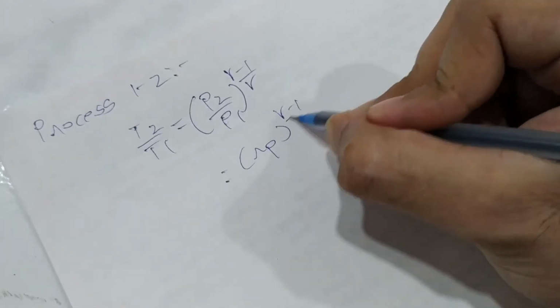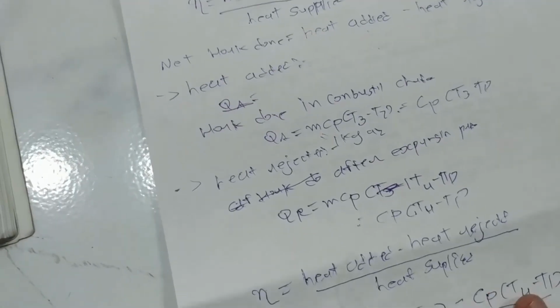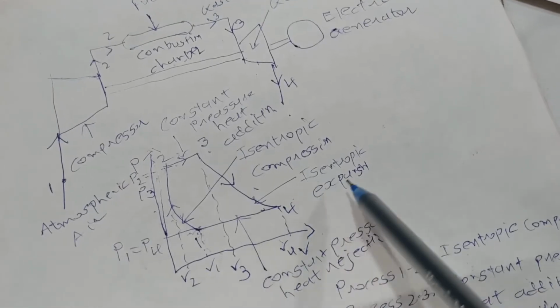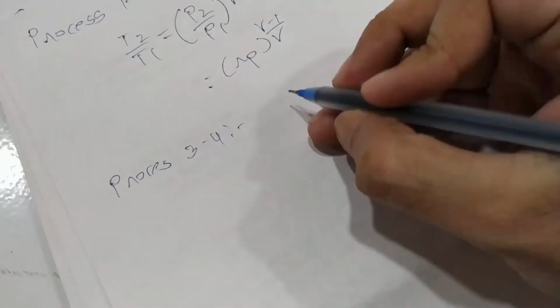Then, since I want to find T3, I will consider process 3 to 4, which is the isentropic expansion process.